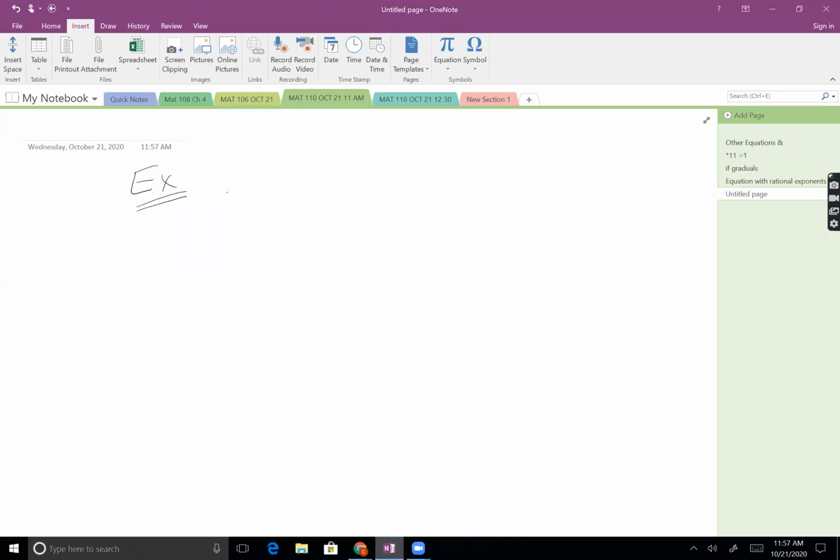Let's look at x plus 5 to the 2/3 minus 4 equals 0. And notice with this one, there's more than just a single variable being raised to the power.